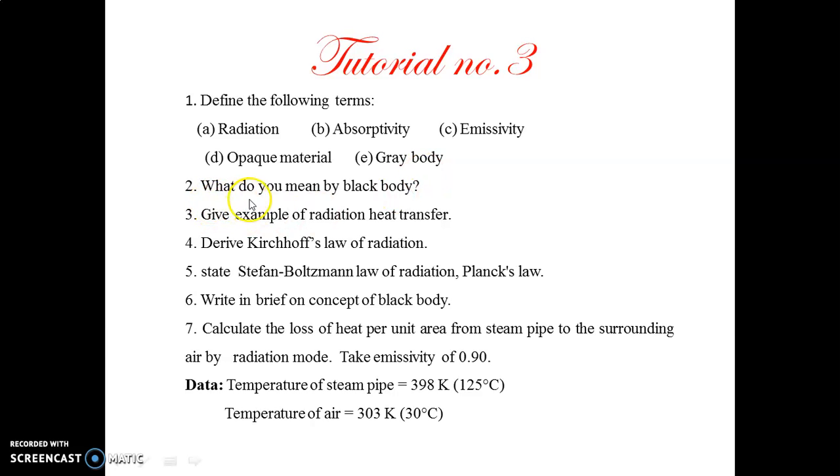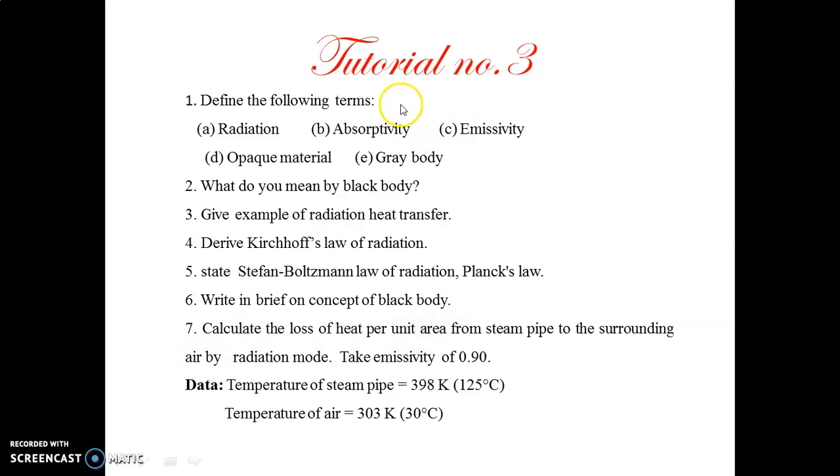The second question is you have to write what you mean by black body. Then you have to give examples of radiation heat transfer. Then you have to derive Kirchhoff's law of radiation, which was already done in a previous lecture. Then you have to state the Stefan-Boltzmann law of radiation and Planck's law.